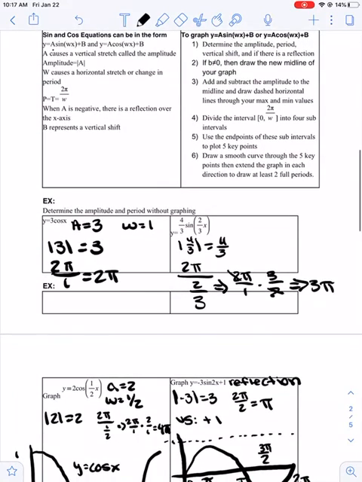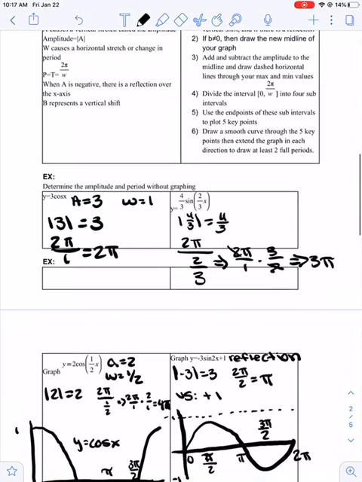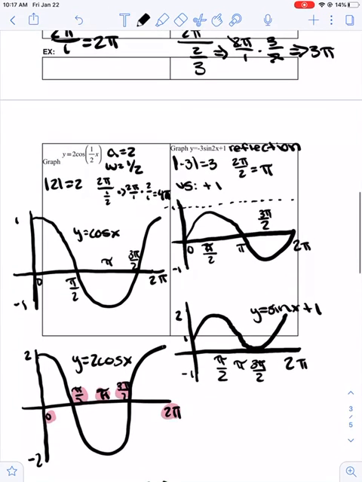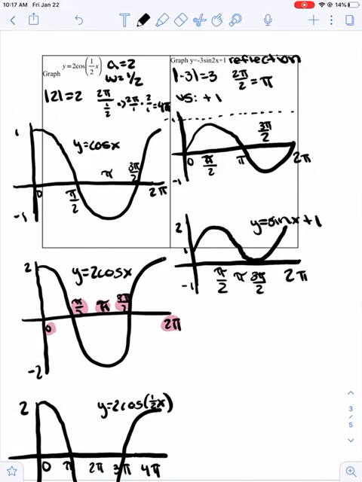All right, next is we are going to be adding in our amplitude. And so our amplitude is 3. So we need to add 3 units up and 3 units down. So if we're starting at 1, we need to add 3 units up. So 2, 3, 4. And then 0, -1, -2. Draw the same thing, but now we're going to go up to 4 and down to -2.